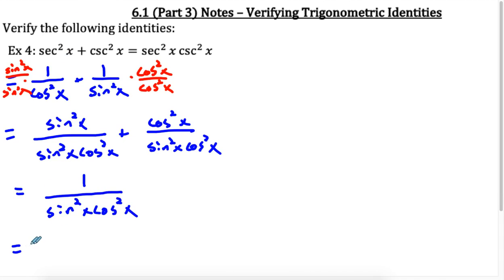So sine squared would come up as cosecant squared, and cosine squared would come up as secant squared. Now, technically, right, we wanted to show that this was secant squared times cosecant squared. Okay, so I can just flip those around since I'm multiplying. Okay, and that would be our proof. That would be our verification.